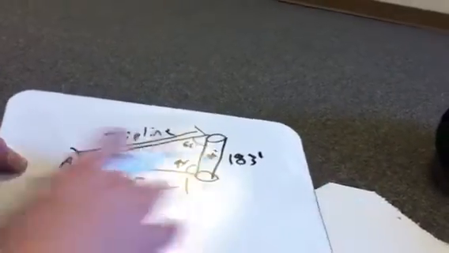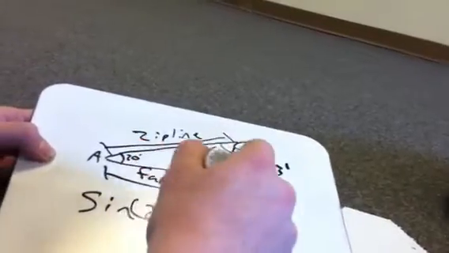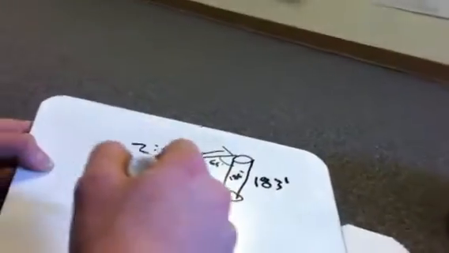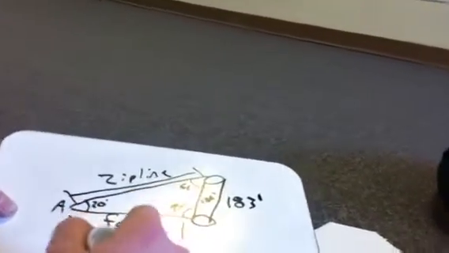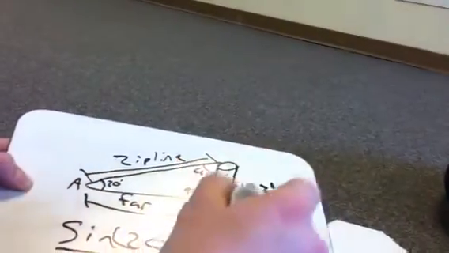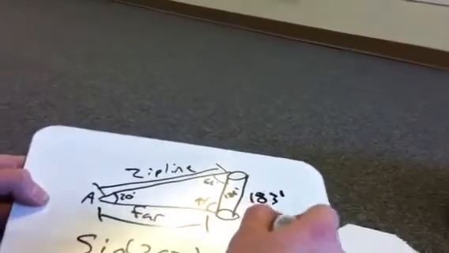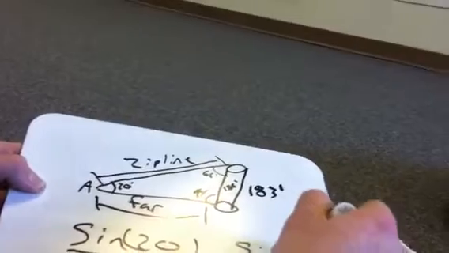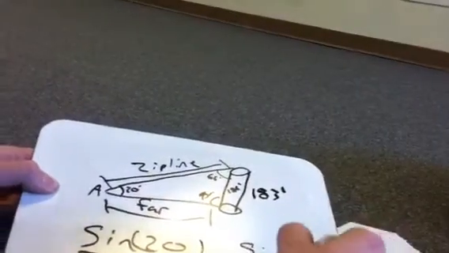And to see how far away you are, you would take the sine of 20 right here over 186, which is the closest side, and equal that to the sine of 66, the angle right here, because they are opposite, over how far away you are.